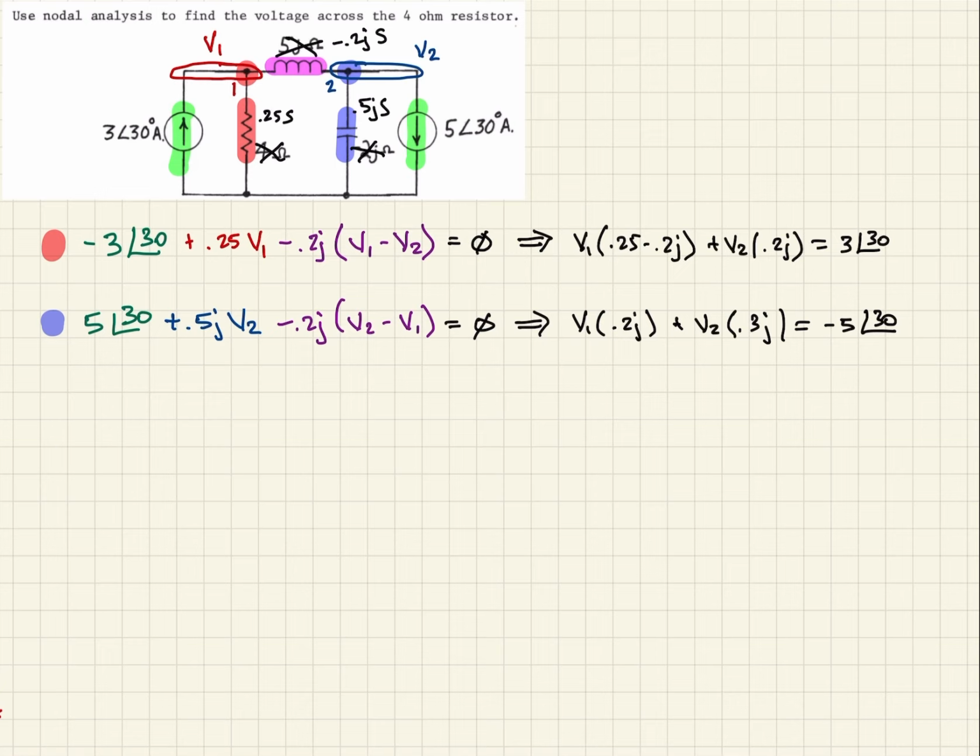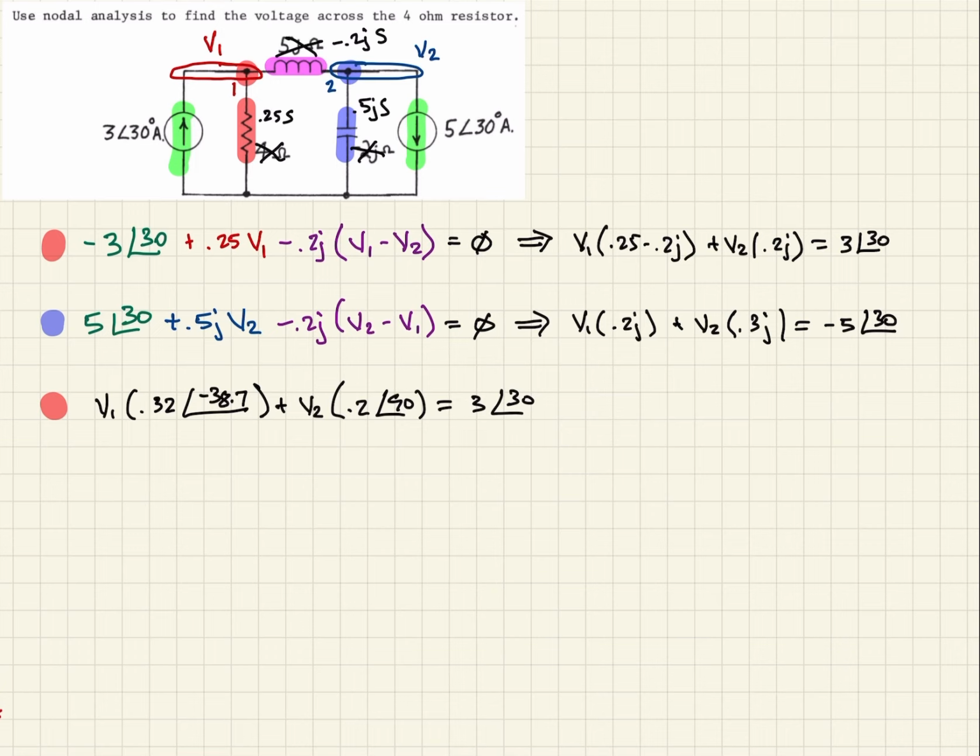My red node equation then becomes V1 times 0.32 at an angle of minus 38.7 degrees, plus V2 times 0.2 at an angle of 90 degrees, and that's all going to equal 3 at an angle of 30.